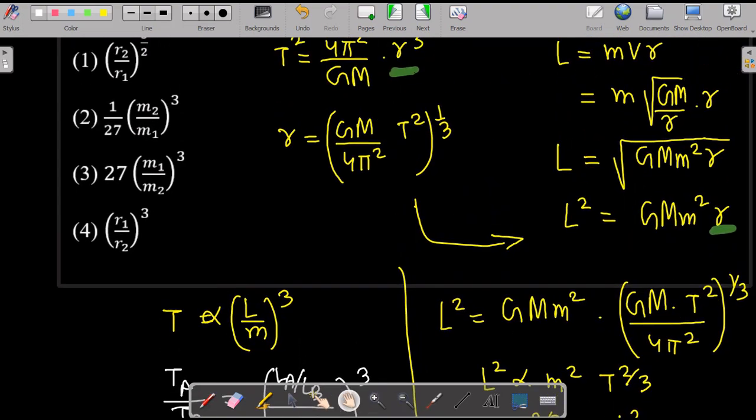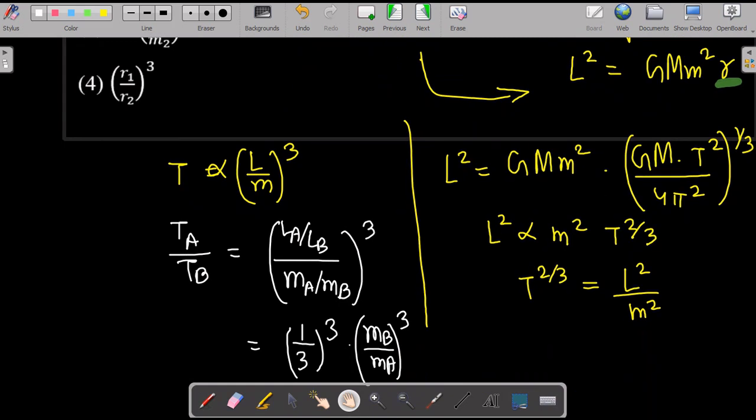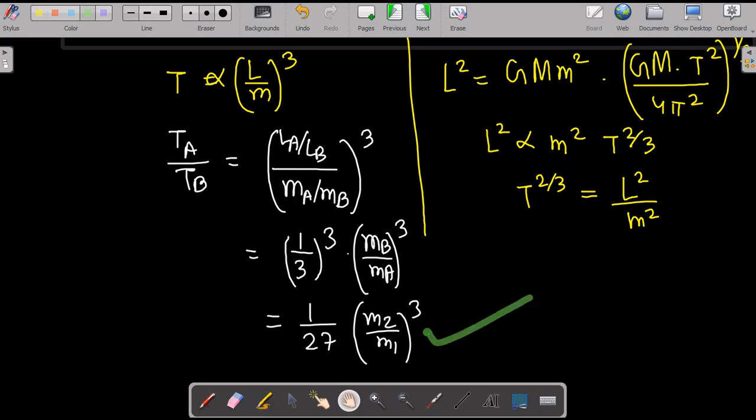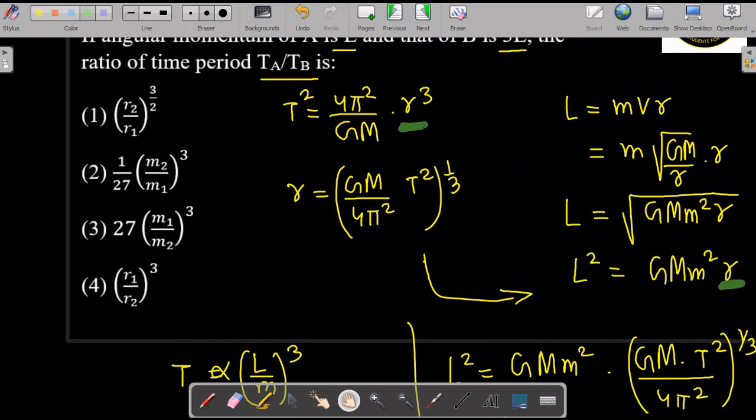MB means M2 by M1 here. So 1 by 27 M2 by M1 power 3. That's the ratio. Yes, so that's the correct answer, option number 2.